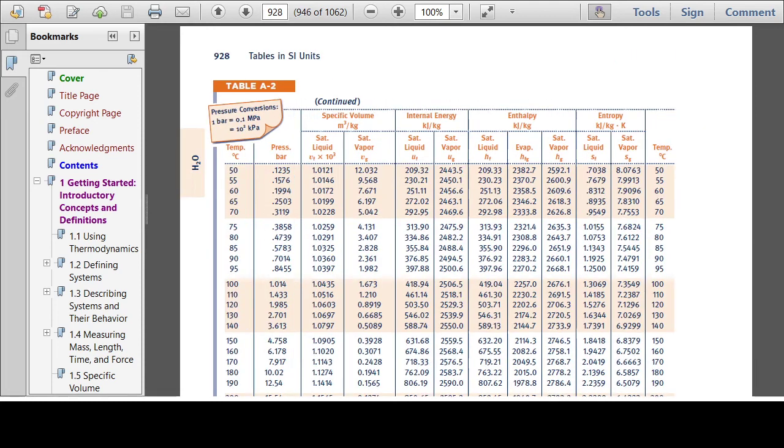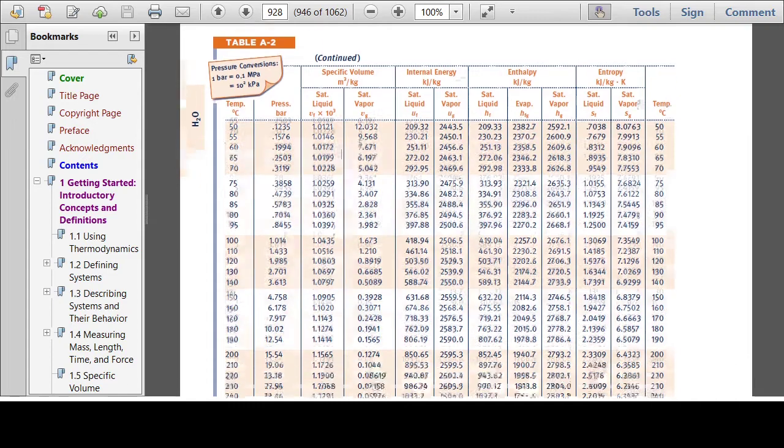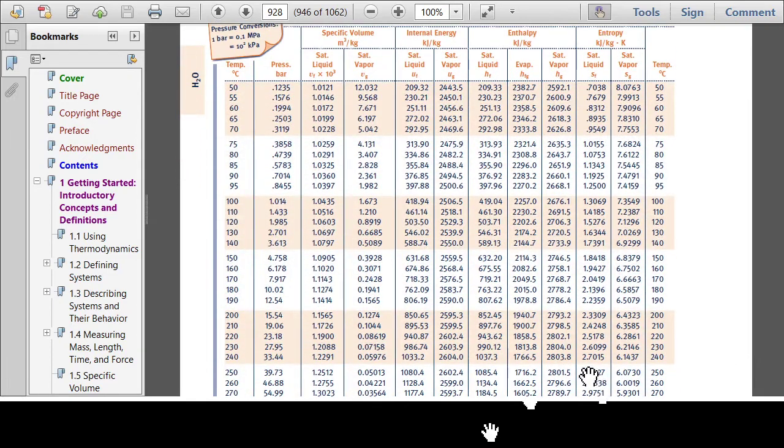We are looking for the temperature table because we know the temperature. So at 80 degrees Celsius, in the mixed vapor region, the pressure is 0.4739 bar.